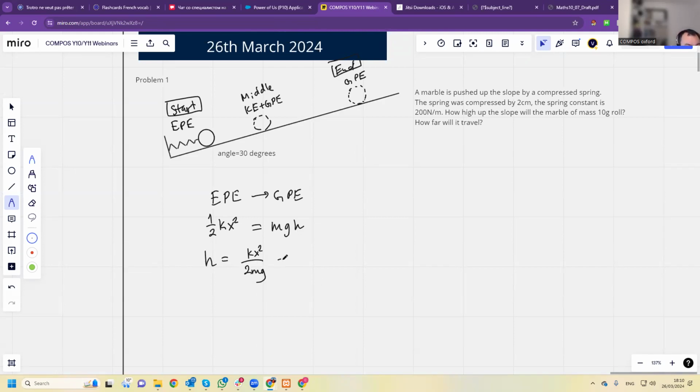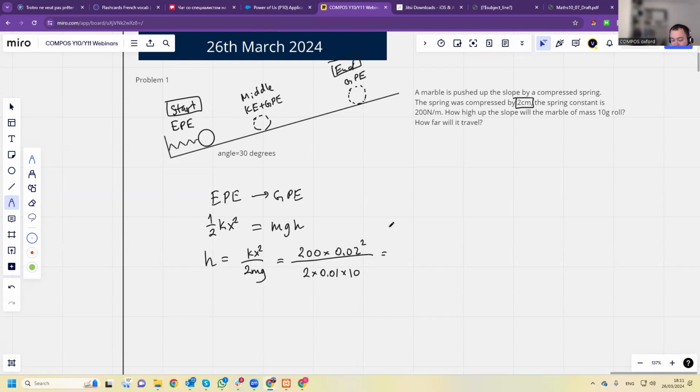And we can substitute that. So the spring constant is 200 times x. It was compressed by 2 centimeters, so 0.02 squared, over 2 times mass. Mass is 0.01 kilogram, and g is 10 as usual.